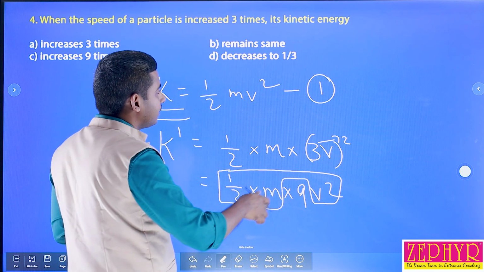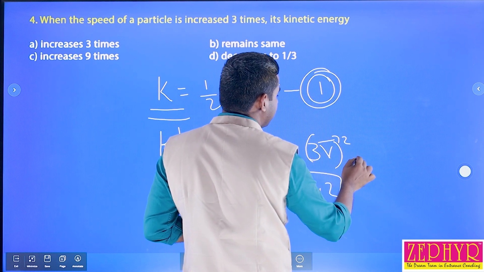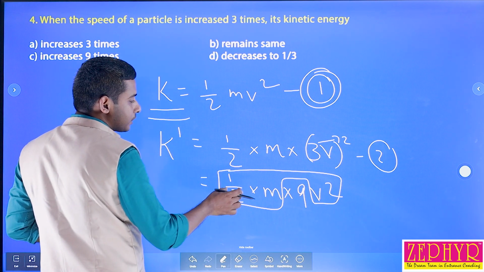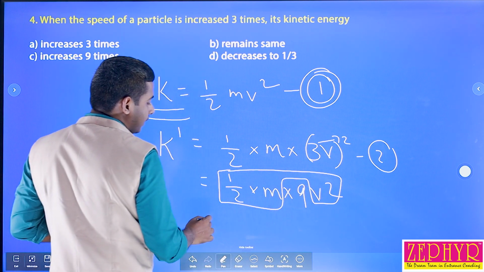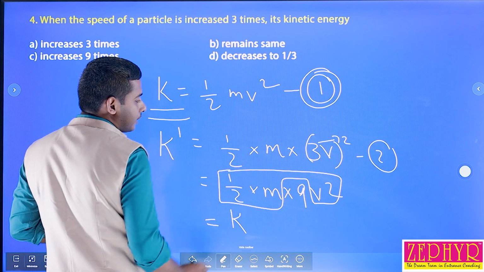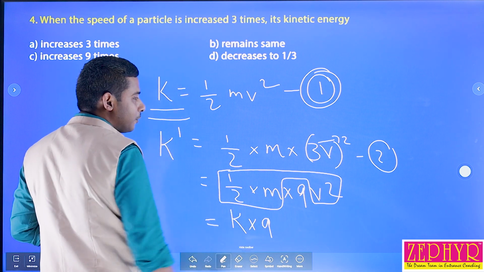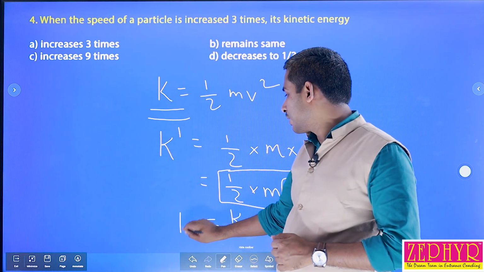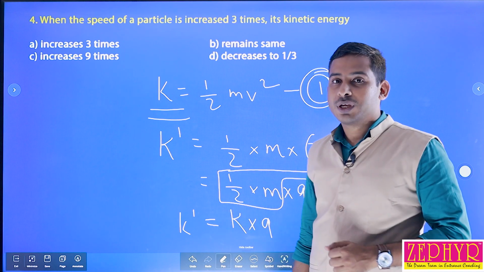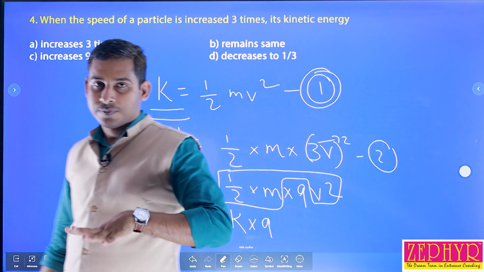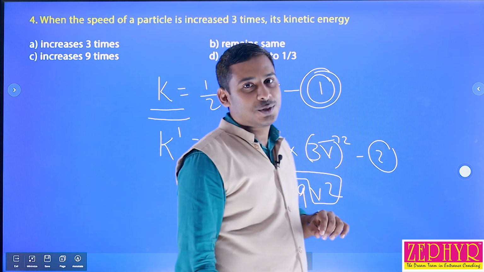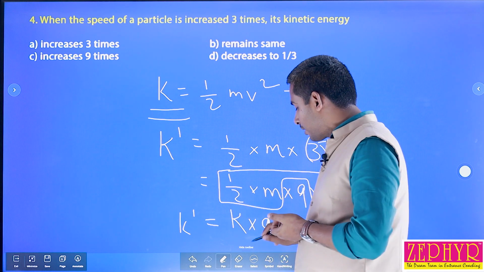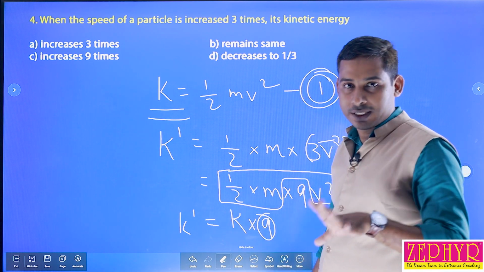See, that is nothing but equation number 1, right? Instead of this half m into v square, we can take K, then the remaining term will be K into 9. So, dear students, right now we got K dash equal to K into 9. Am I right? K dash equal to K into 9. So, students, that increased by how? 9 times, yeah, product.